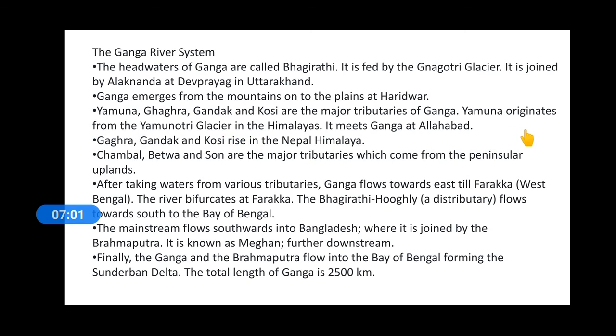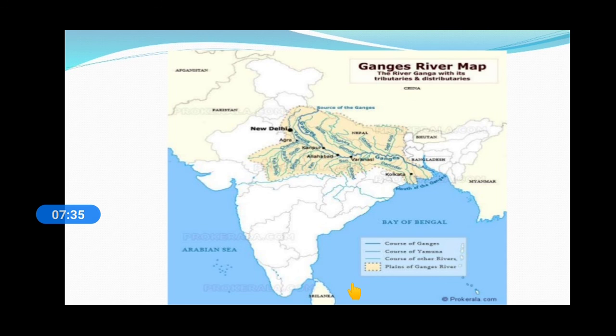Yamuna originates from Yamunotri glacier in the Himalayas. It meets Ganga at Allahabad. Chambal and Betwa are the other tributaries to it. After taking water from various tributaries, Ganga flows towards east till Farakka in West Bengal. Here the main stream flows into Bangladesh, and as I told you, its total length is 2,500 kilometers.